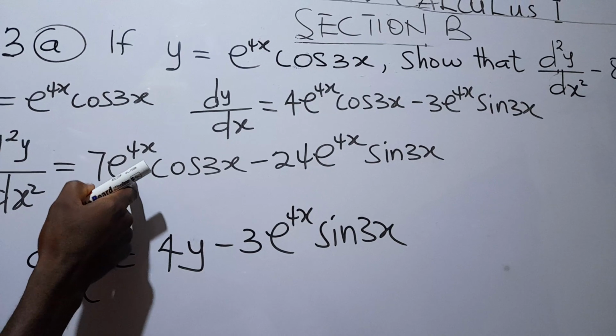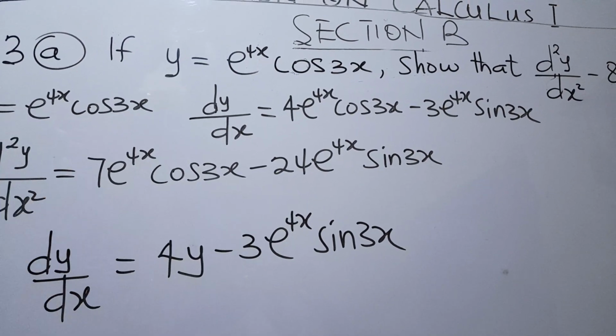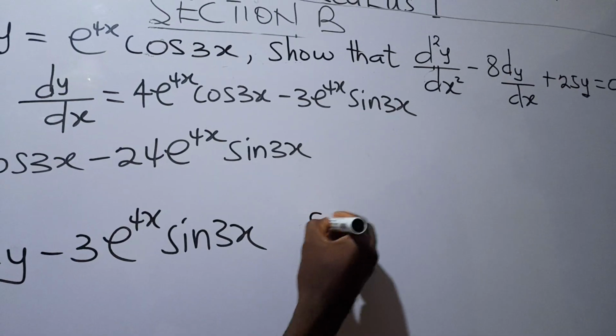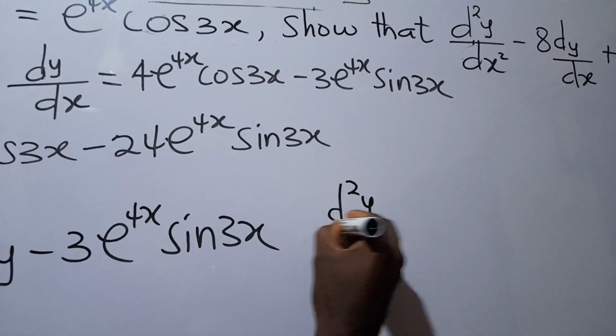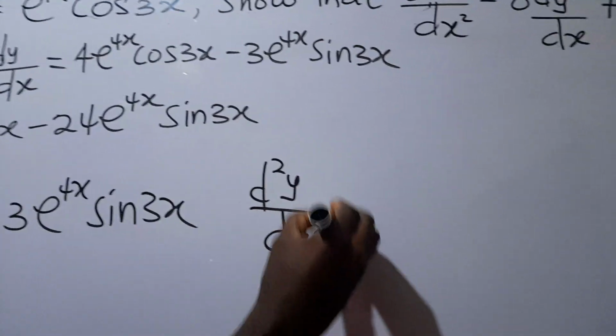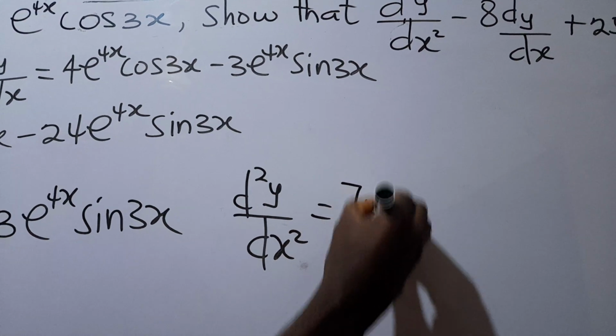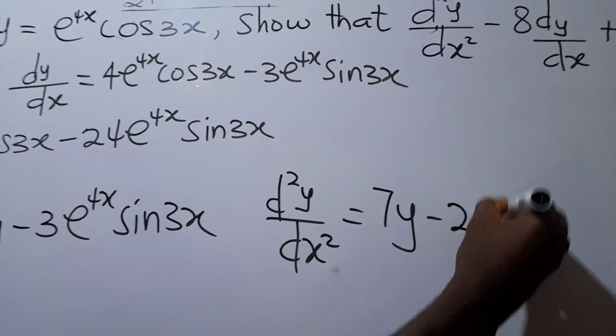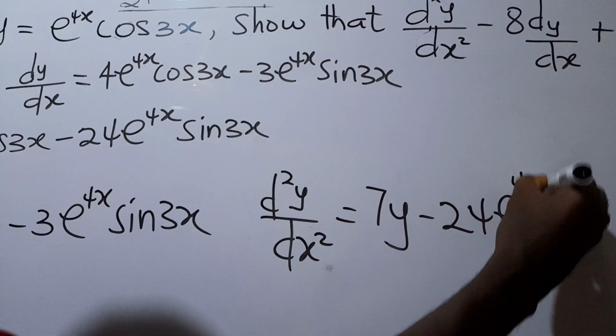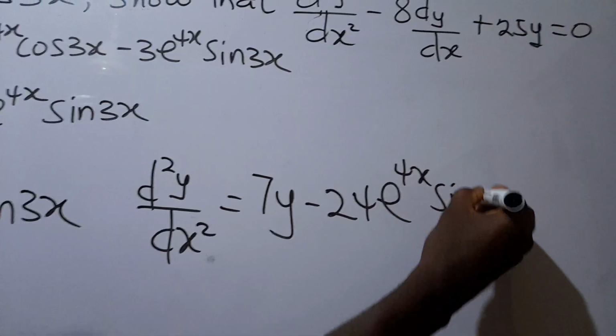Also, we have another e^(4x) cos 3x in our second derivative. So we can say that our d²y/dx² is equal to 7y minus 24e^(4x) sin 3x.